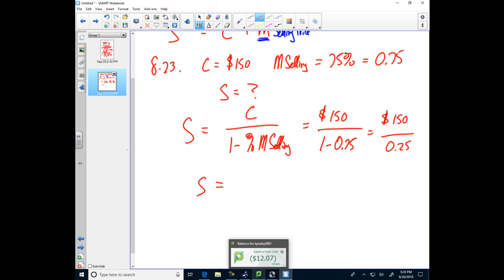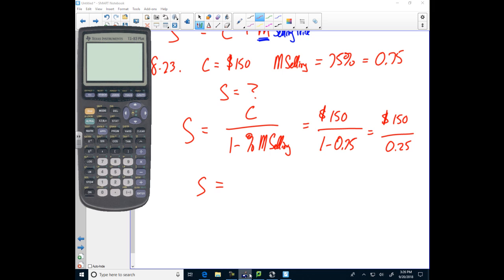S equals calculator, clear, 150 divided by 0.25. Boom. What'd y'all get? $600?